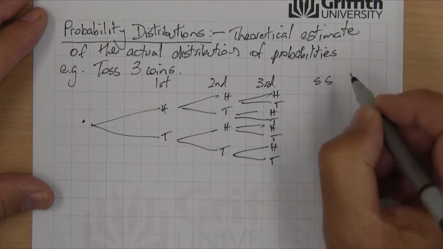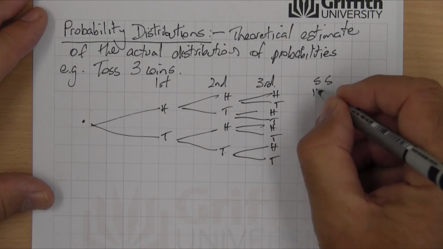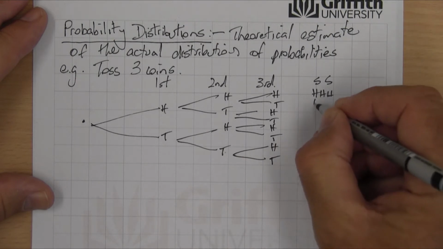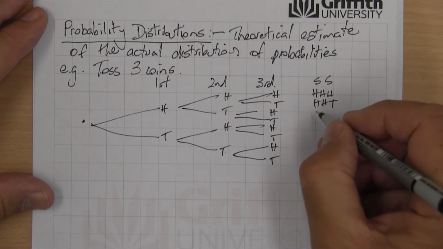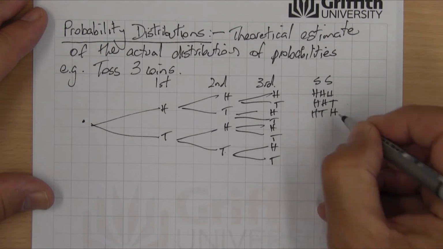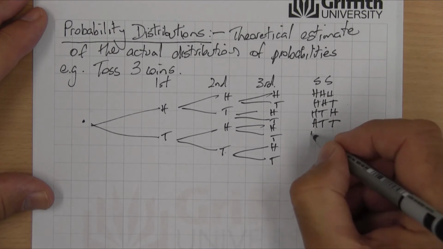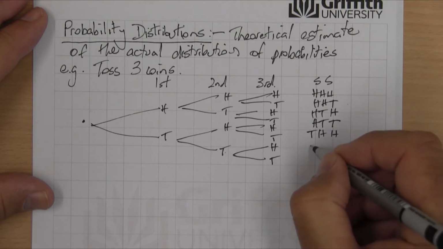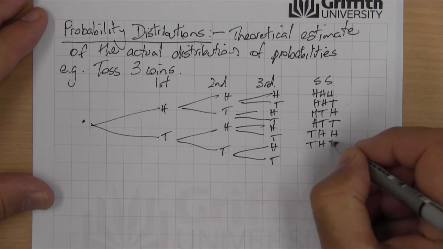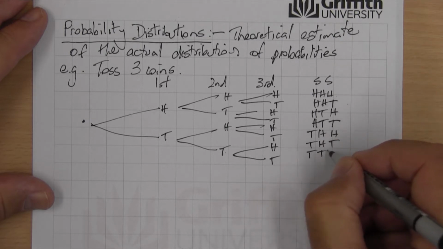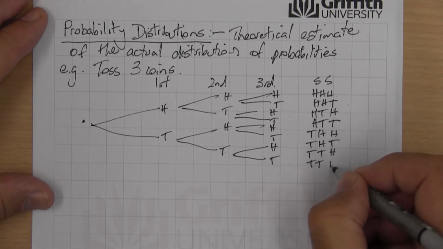And a sample space going along the branches: head, head, head; head, head, tail; head, tail, head; head, tail, tail; tail, head, head; tail, head, tail; tail, tail, head; tail, tail, tail.